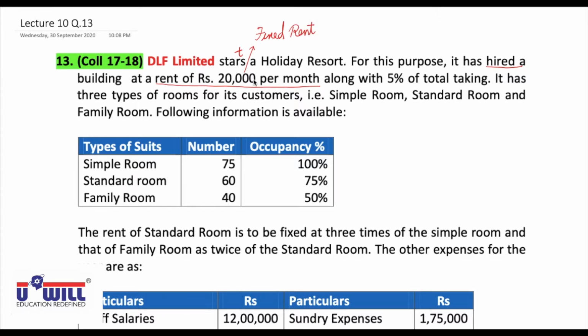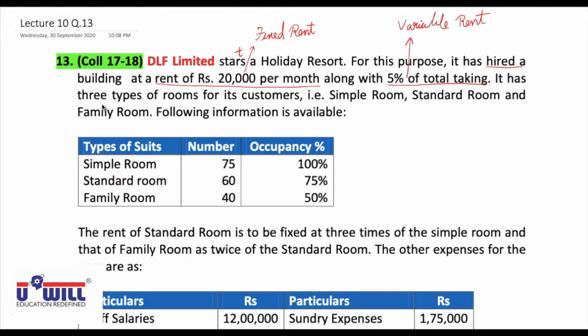So per year 20,000 into 12, 2,40,000 will be payable, along with 5% of total takings as the variable rent. Since it is 5% of total takings, the workings will be done similar to what we used to do for calculation of overheads in the earlier questions.